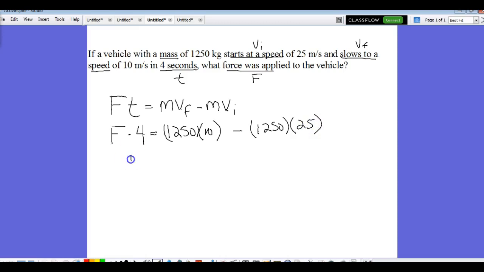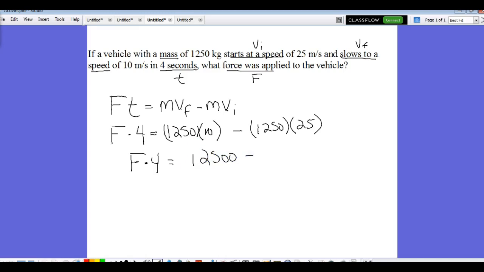And then we can solve this. F times 4 equals, let's do these. Let me grab a calculator. So if we do this, we get 1,250 times 10, that gives us 12,500.